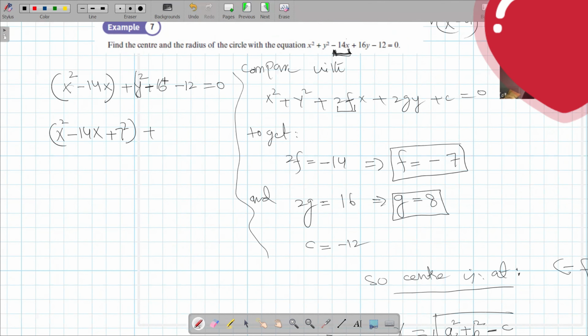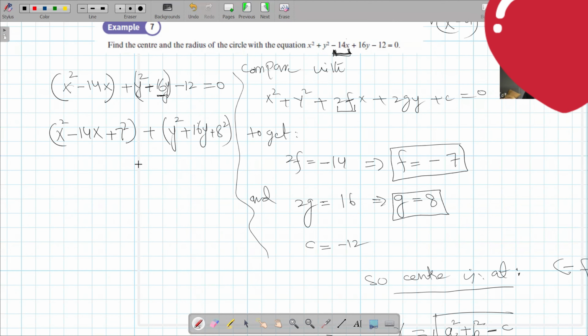And what is missing here? 16 divided by 2 is 8, and then squared is 64. So 8 squared is missing, and we will write 8 squared.